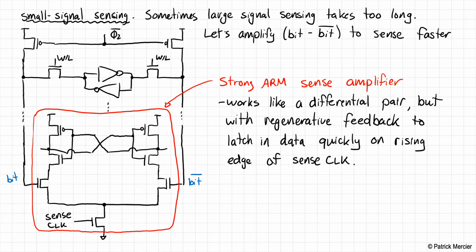Okay, so this is the main reason why we use something called the StrongARM sense amplifier, is because it allows us to make very quick decisions. Okay, now there's a few other advantages here. There is no static power consumption.